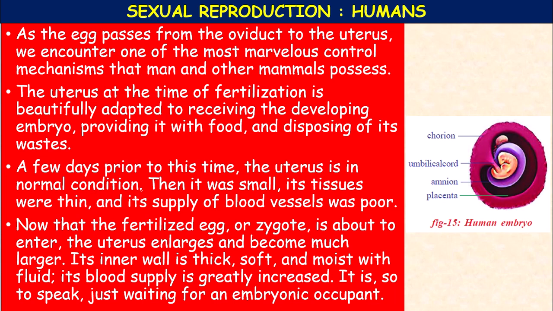Then the capacitation of the spermatozoon in the female genital tract. The third is the movement of the spermatozoon to the secondary oocyte in the fallopian tube.